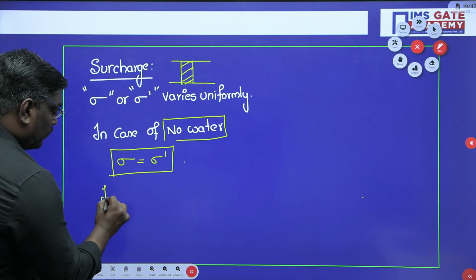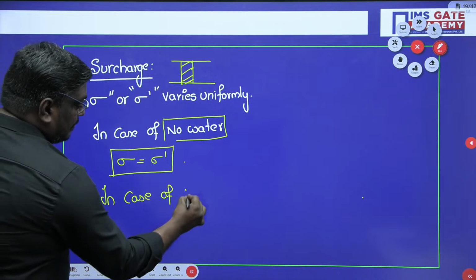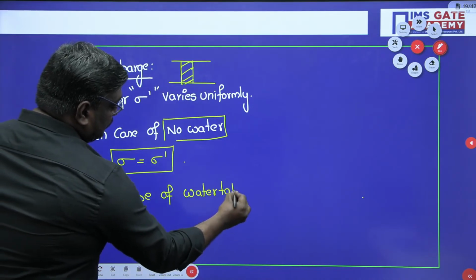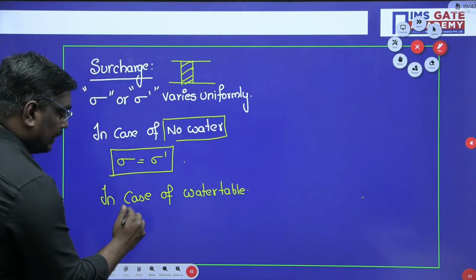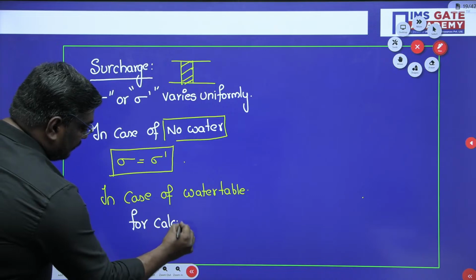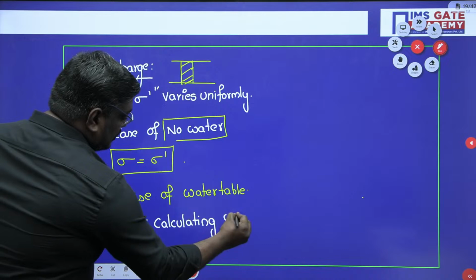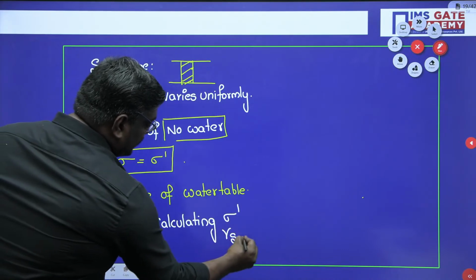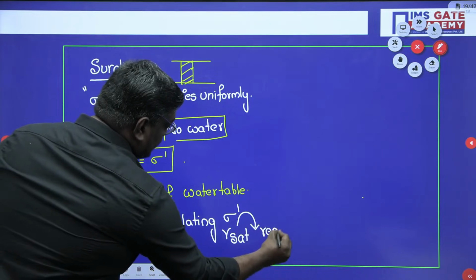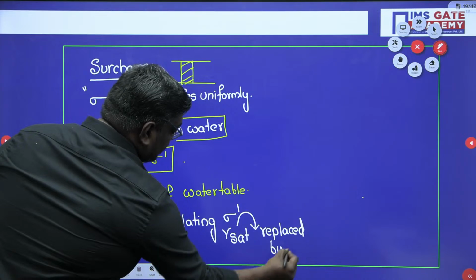Now, in case of water table, for calculating the effective stress, gamma sat will be replaced by gamma dash.